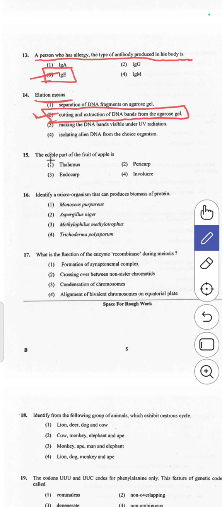Then next question, that is 15th. Edible part of the fruit of apple is. So edible part of the fruit, that is apple, that will be thalamus.